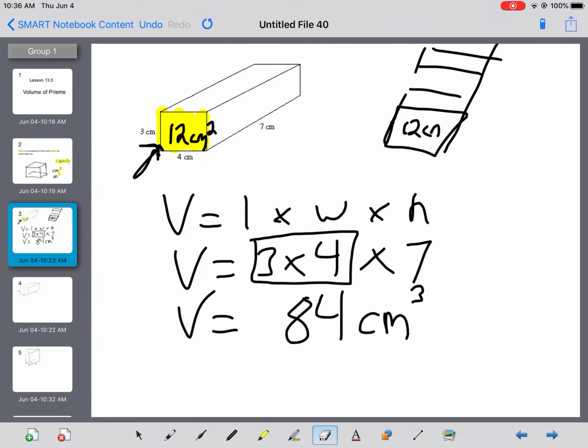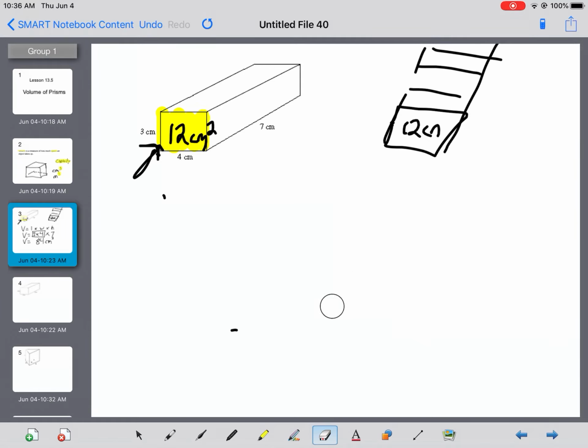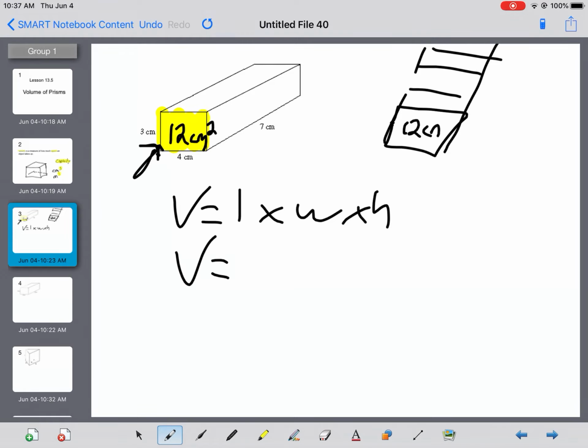Now, if we wanted to, we could think of it this way. Let's think about our base actually being the 4 times the 7. I can still have my same formula, length times width and then times the height, but now I can think about not flipping it. I'm going to do my length and my width as 4 and 7. So I can do 4 times 7, and that gets me the base of my rectangle.